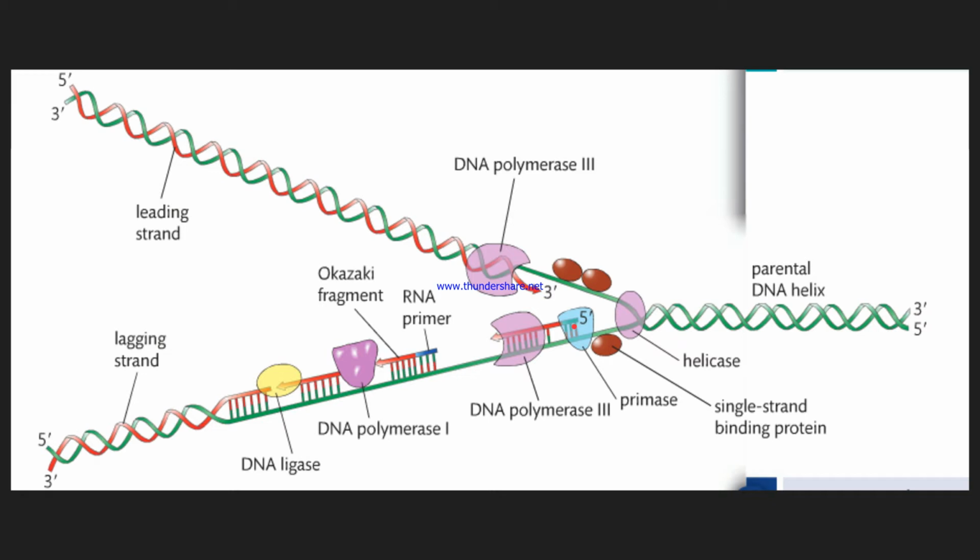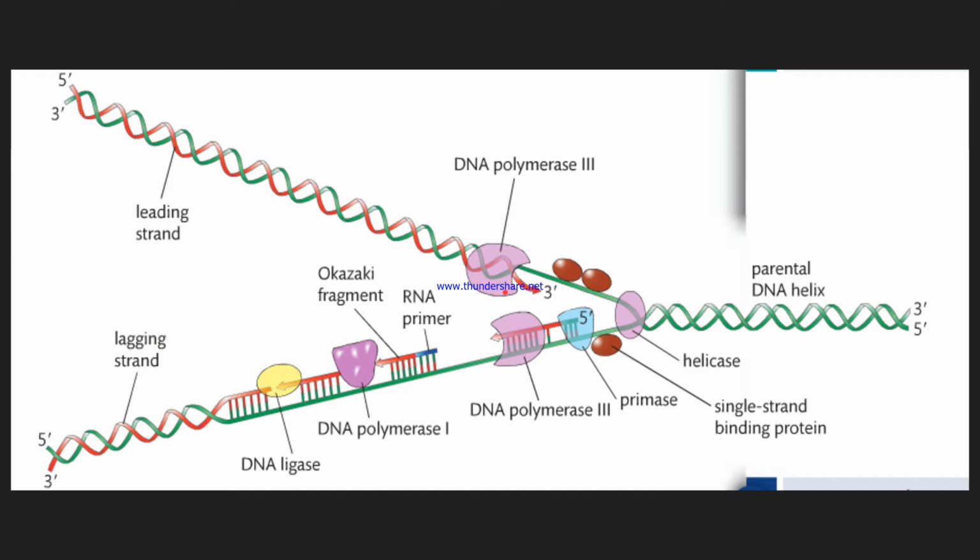Now, this may get a little confusing, so just try to follow along with me. After primers comes an enzyme called DNA polymerase 3. You can see it here and you can see it here. DNA polymerase 3 is going to add complementary nucleotides of DNA instead of RNA. This time it's DNA.